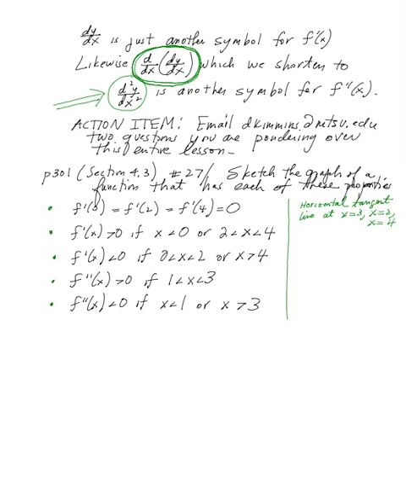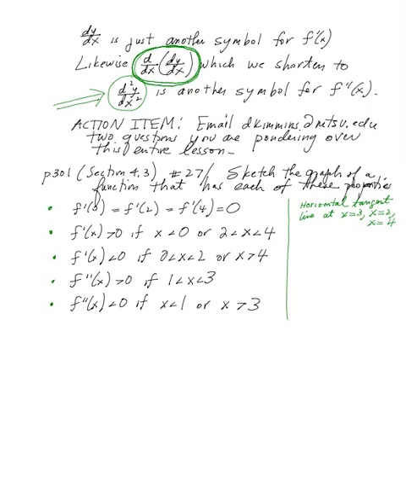What does this mean? f prime of x is greater than 0 if x is less than 0 or if x is between 2 and 4. What does that tell us about the graph of f? Well, this gives us the intervals over which f is increasing.